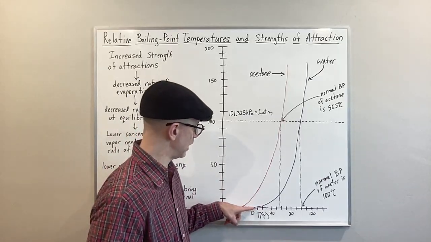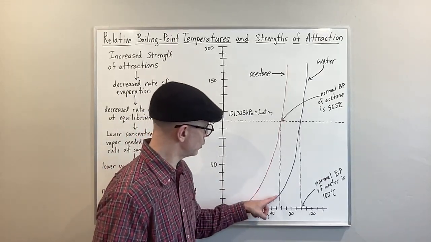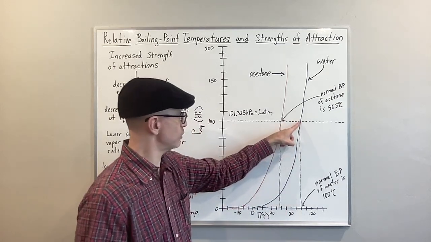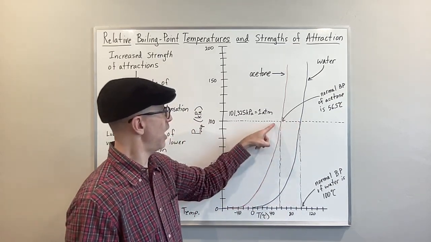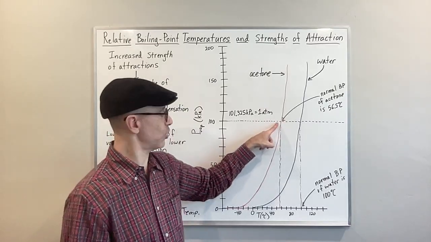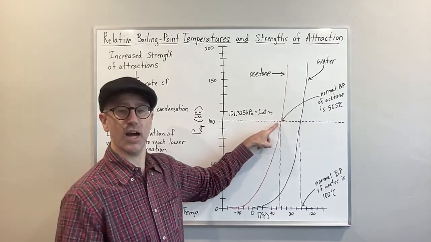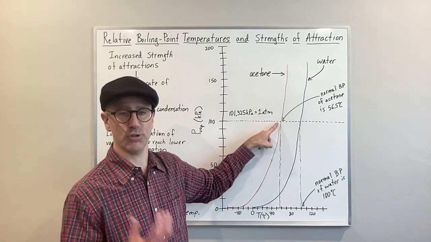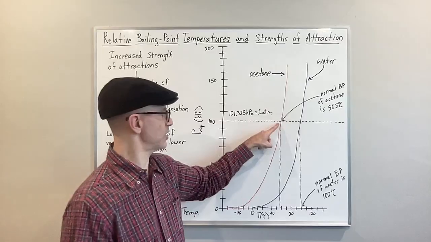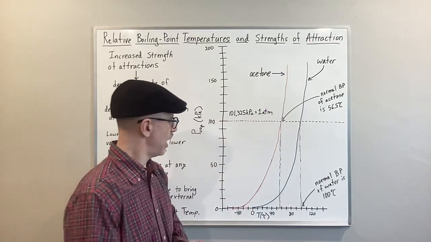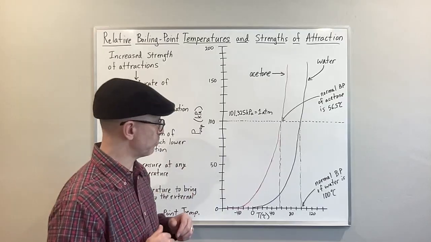So here you have to increase the temperature up to about 100 degrees to reach the same atmospheric pressure as acetone. So acetone requires less energy to boil, because the attractive forces between the acetone molecules are weaker, and so less energy is needed to overcome those attractive forces and to get that vapor pressure.